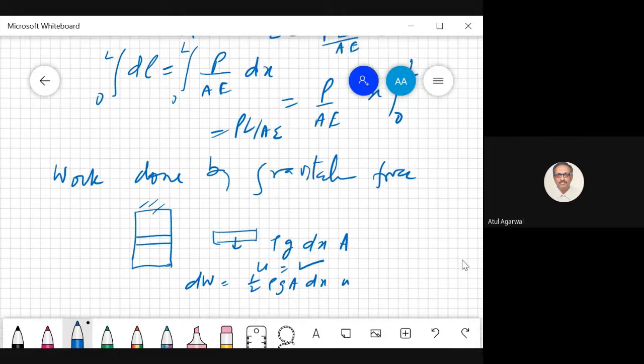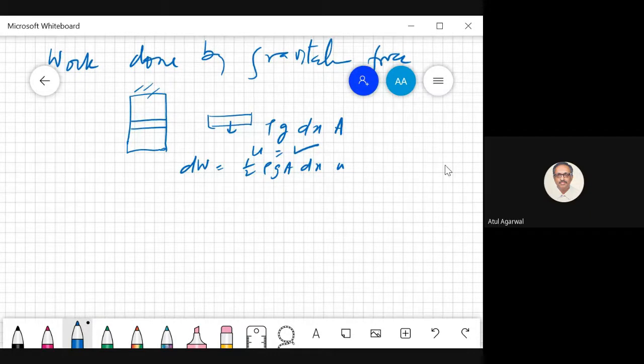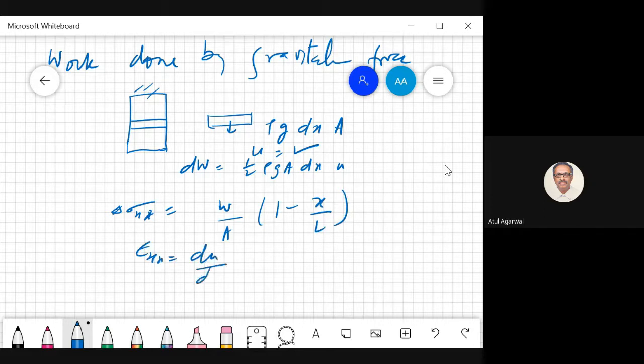So what is the displacement function? We had found that sigma xx is W by A (1 minus x by L). So what was our strain? Strain is also called du by dx or del u by del x.